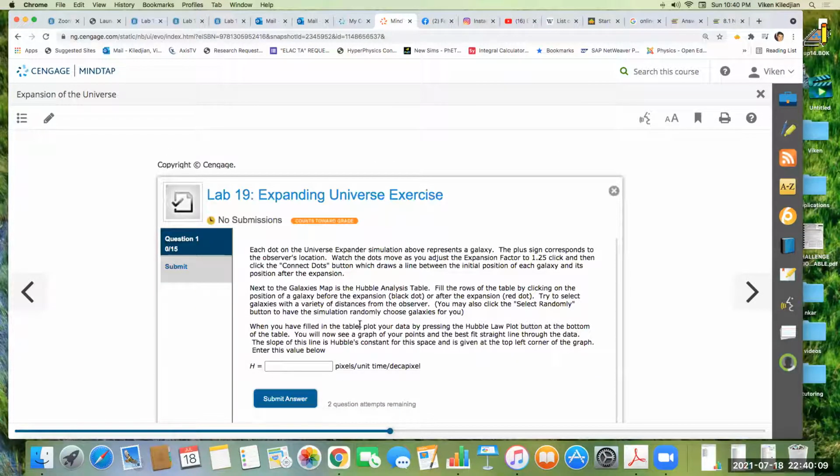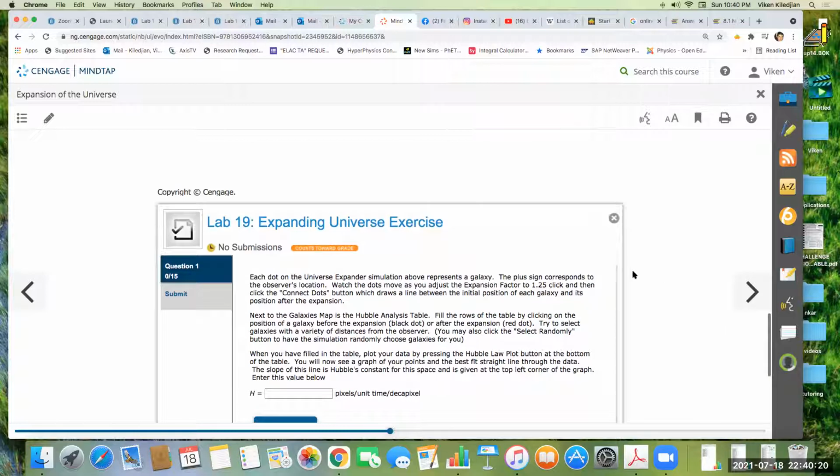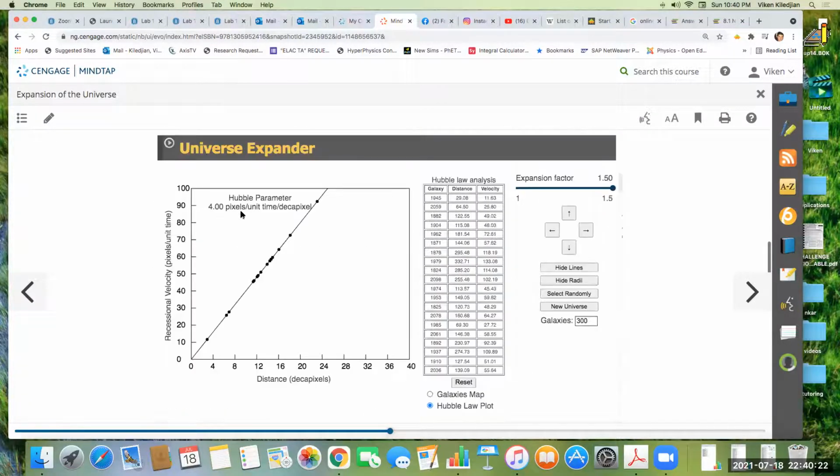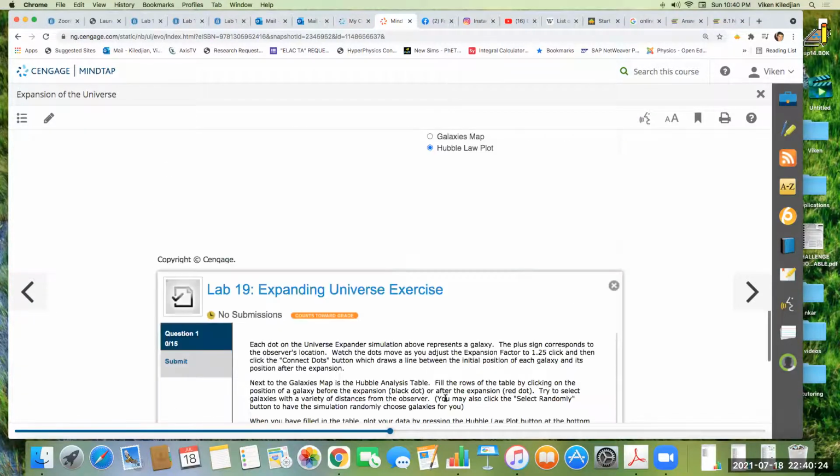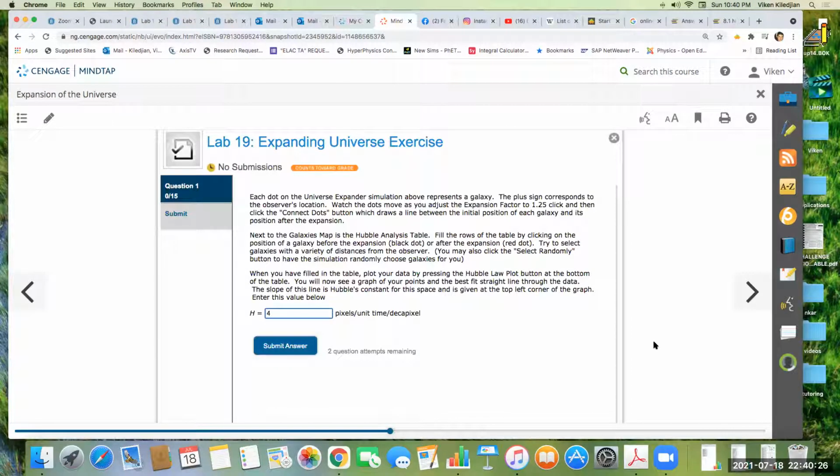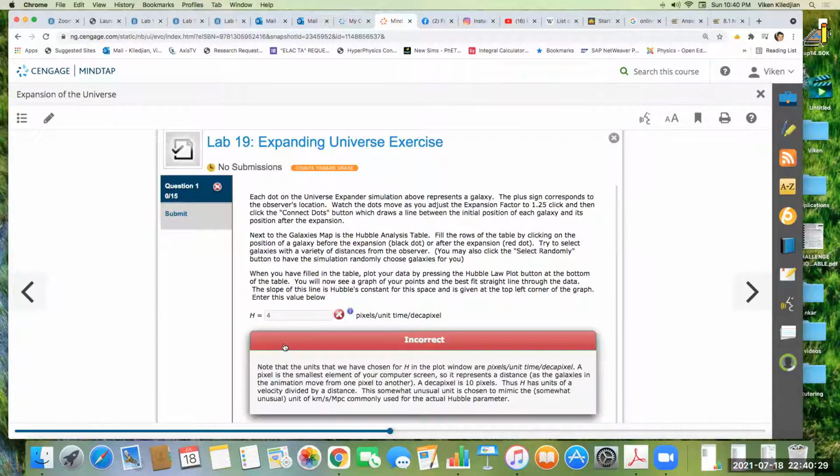So when you have filled in the table, plot your data by pressing the Hubble Law Plot button at the bottom of the table. You will now see a graph of your points. So then let's see if we did, we put 4 in our case. Incorrect. Note that the units that we have chosen for H in the plot windows are pixels per unit time.